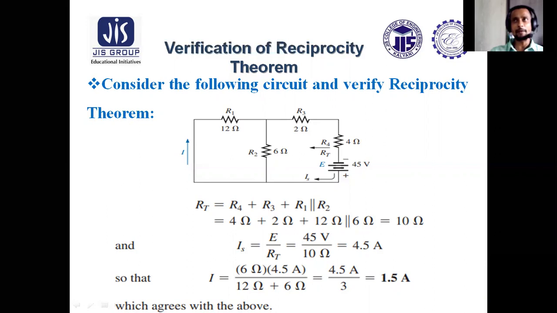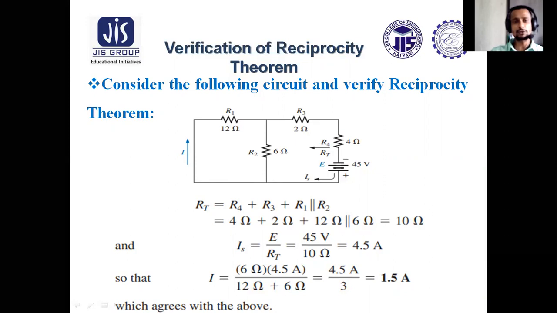So for parallelly combined voltage sources with their internal resistances, Millman's theorem is very suitable to get the voltage value or current value through the load. And the reciprocity theorem says that for a reciprocal network with one single voltage source, if we measure current through a particular branch and then their positions are altered, the current through the branch in which E was originally located will be the same as in the previous case.